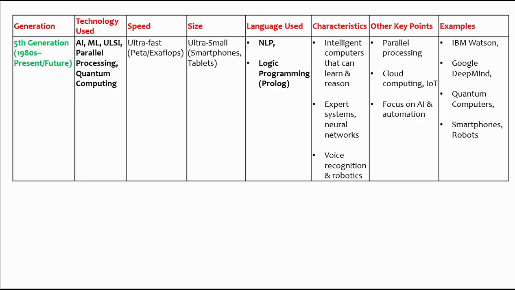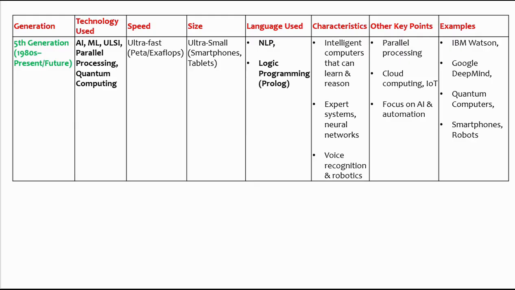Here AI means machines that can think, learn, understand and make decisions like humans, while ML allows computers to learn from data. The hardware is based on ULSI technology, which means ultra large scale integration, containing millions of components on a single chip.